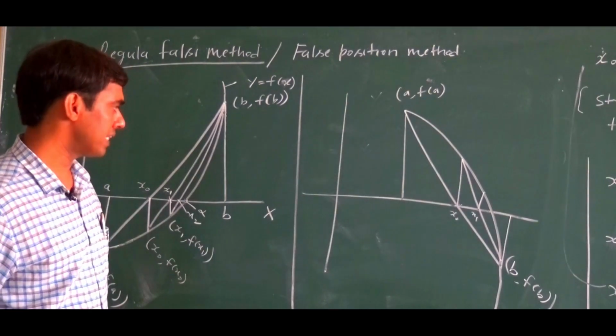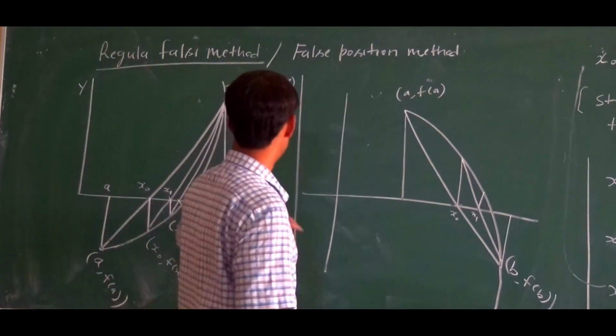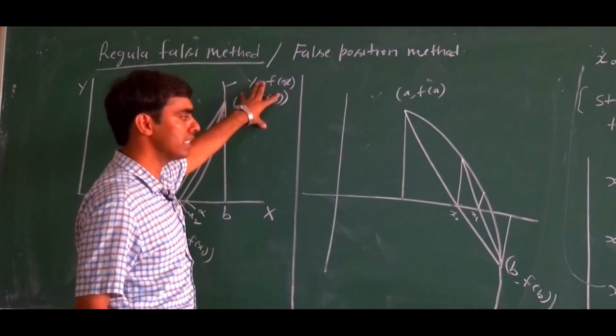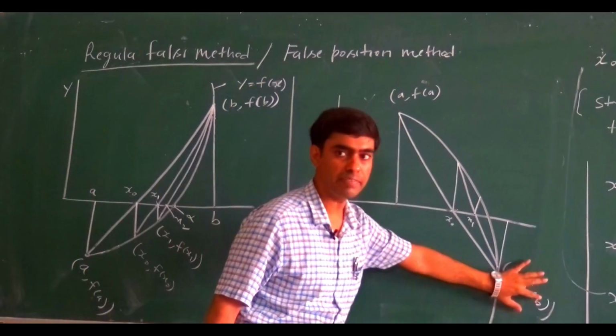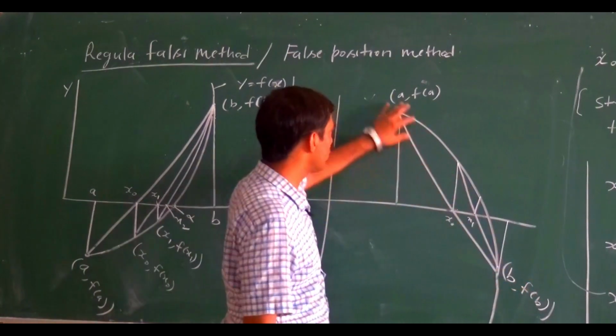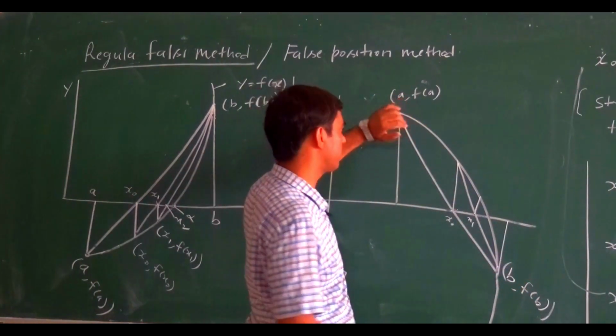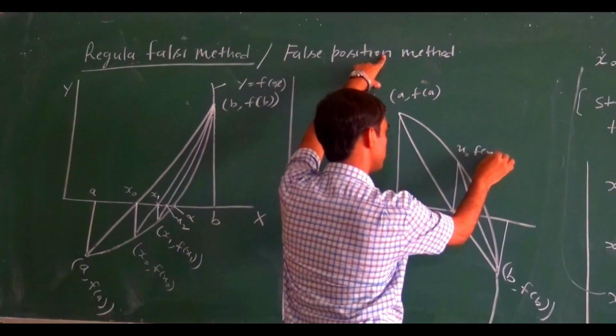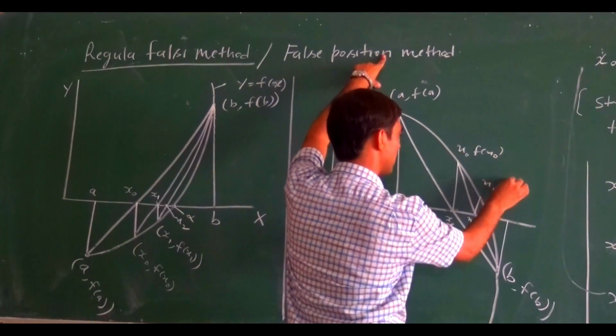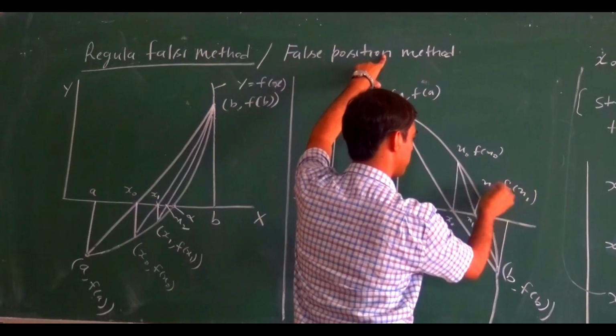Now what we try to say here is that in this case the positive end is fixed, but in this case the negative end is fixed. The positive end varies from A, f of A to x0, f of x0 and x1, f of x1.